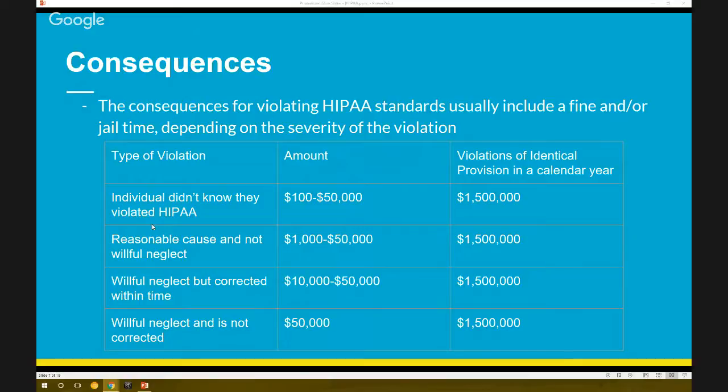So I feel like you've neglected to cross your T's and dot your I's, but you've corrected it within the time, or you didn't and you didn't correct it in time. You just kind of left it hanging. I think it's where you know you didn't take that extra step, and you knew you should have.